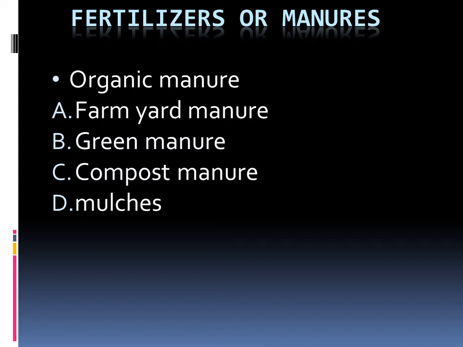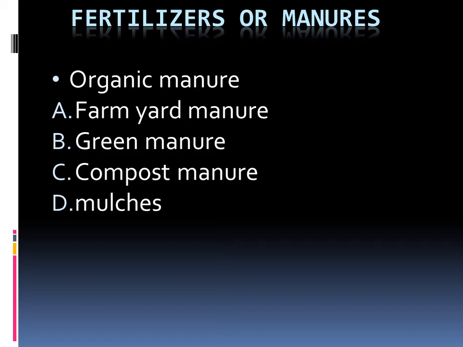Artificial fertilizers or inorganic fertilizers. Pupils, we are starting with organic manure. There are 4 types of organic manure, namely farmyard manure, green manure, compost manure, and mulches.